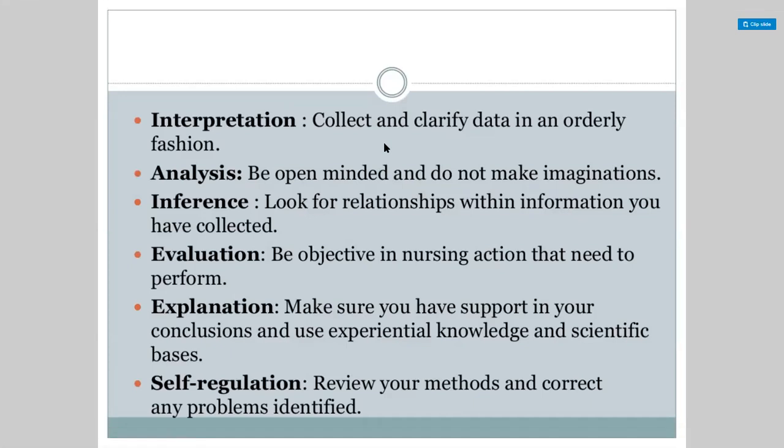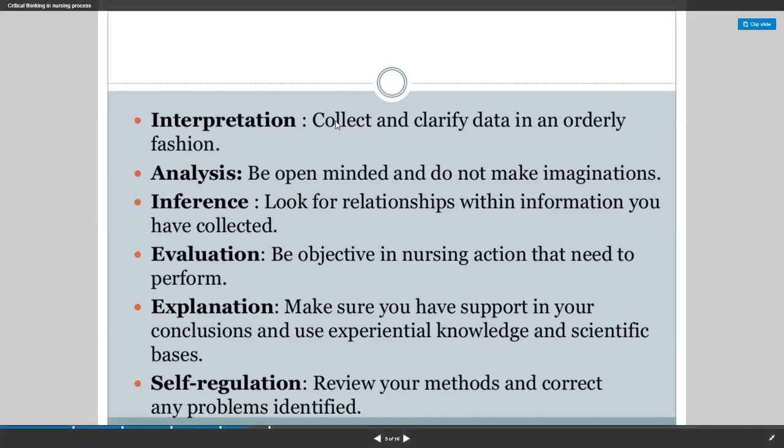Then regarding analysis, be open minded and do not make any kind of imaginations. Then inference: look for the relationships within the information you have collected. Whatever information you got from the interpretation, you have to see the link between those pieces of information.